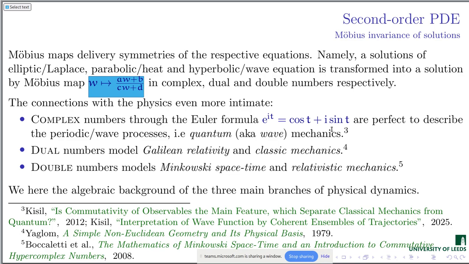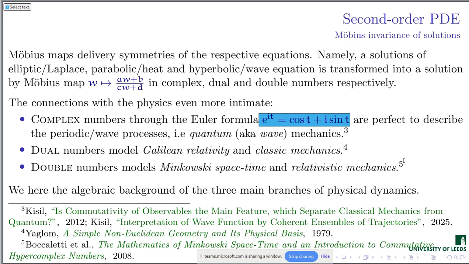But complex, dual and double numbers have much wider roots in physics. For complex numbers, this is not a secret, of course. We have the Euler formula, which expresses the exponent with complex power through the cosine and sine. This is the canonical periodic oscillating function. So whenever you have something periodic oscillating, complex numbers are helpful.